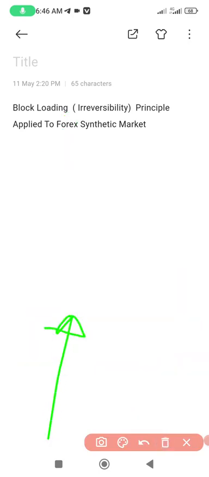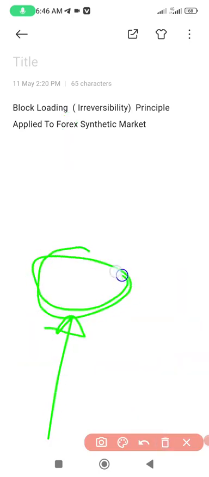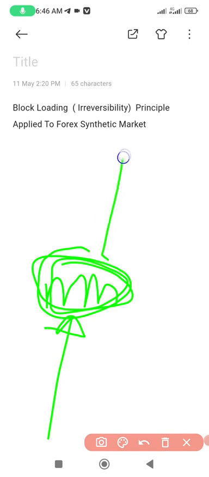So what I mean by loading, take for instance, we have an input signal that interacted here, which is a loop. So this loop is made up of ranges in the market and then creates an output.